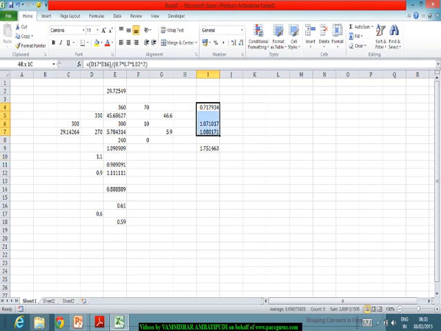Now I got the state price deflators for each of the four different points.